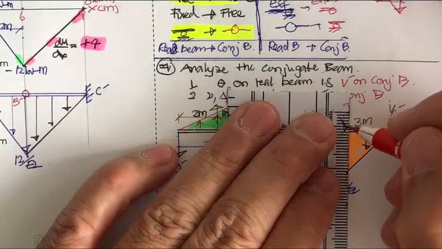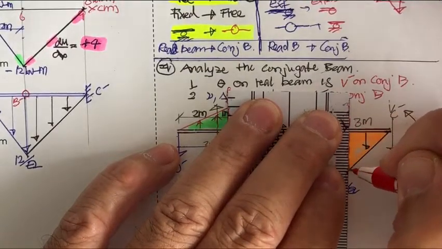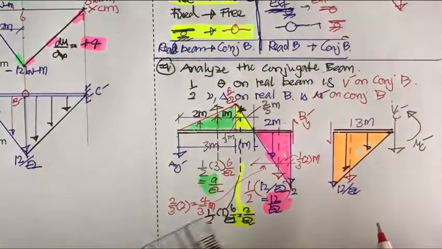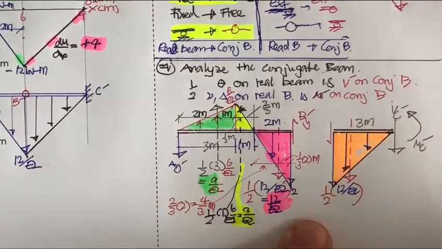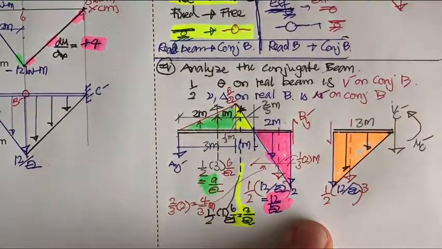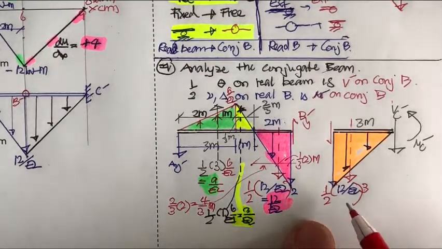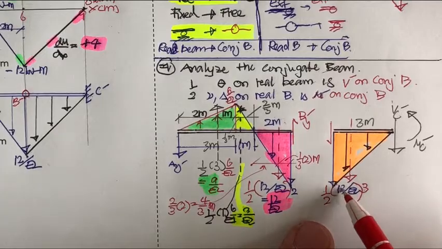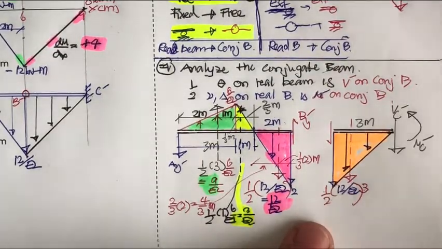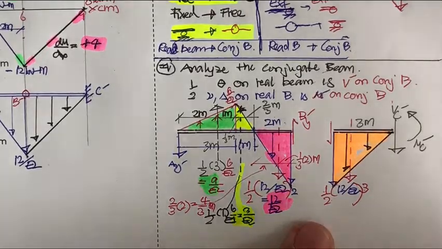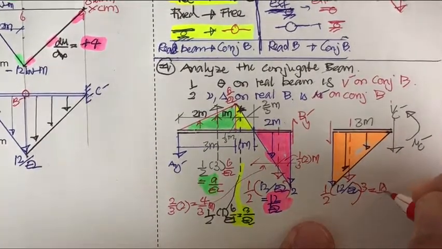That is going to be downward. Again, it's going to be 1/2 of this one times 3. 1/2 of this one times 3 is going to be what? 6. This 12 by 2 is 6. 6 times 3 is going to be 18 over EI.